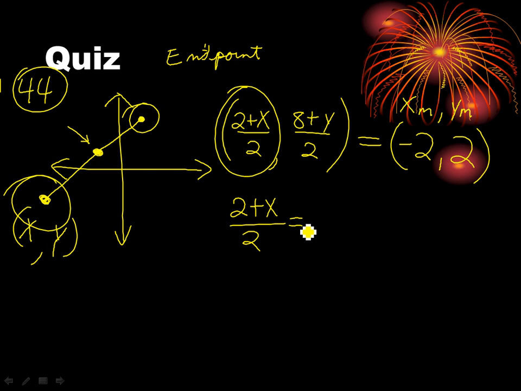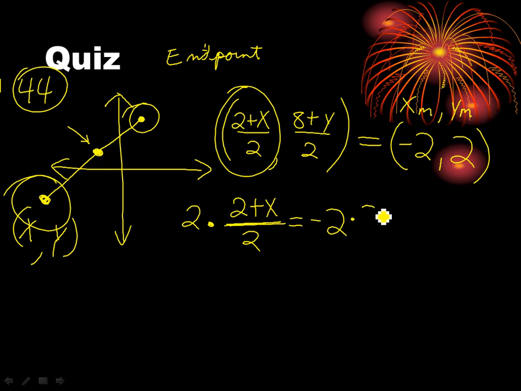Should equal the x coordinate of the midpoint. And then we solve it. I know Mr. Griffin or Mr. Harrison did a spectacular job teaching you how to solve these last year. Even though it's got a fraction in it, they made it so you weren't scared of fractions anymore, right? What do you do to get rid of this 2?